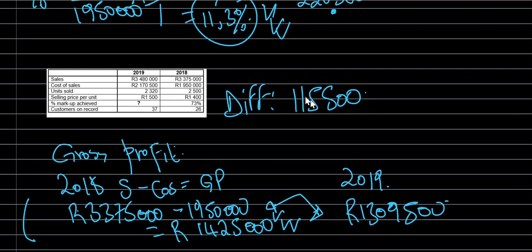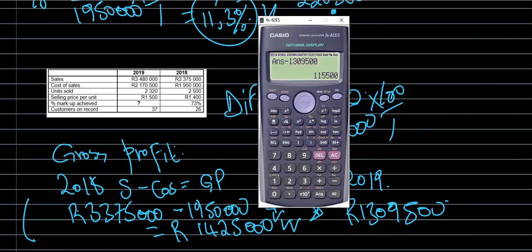Now if you take this money and divide it by the original 1425,000 times by 100, you're going to get the percentage decrease.